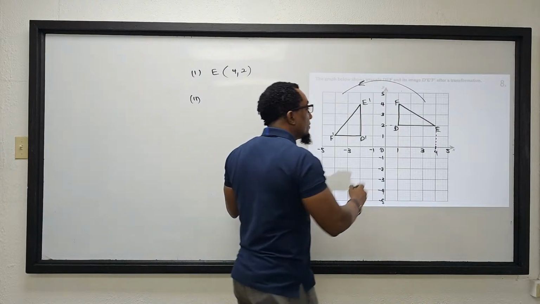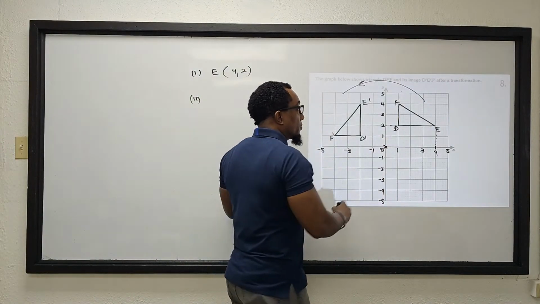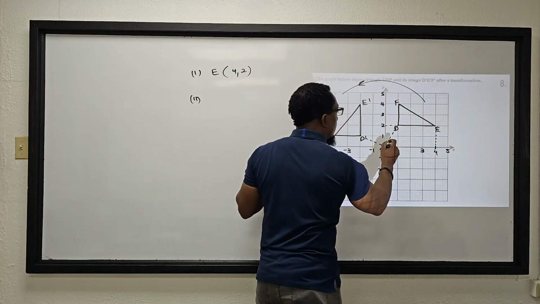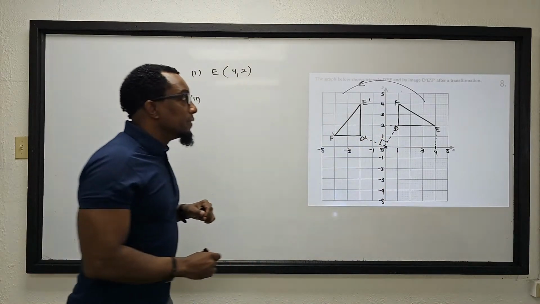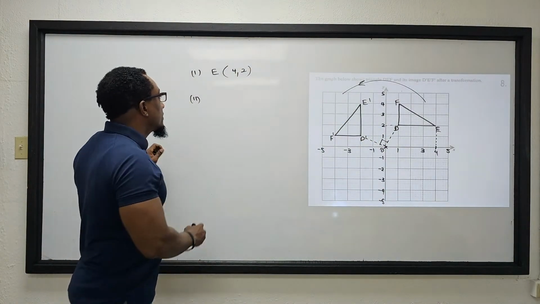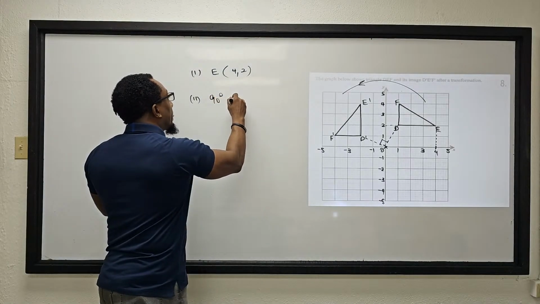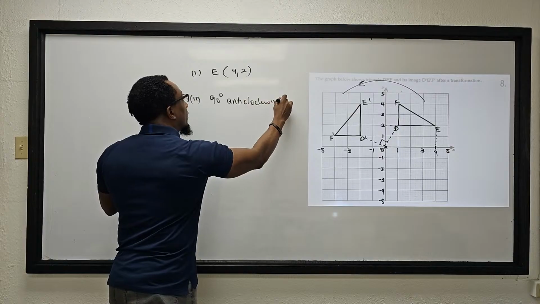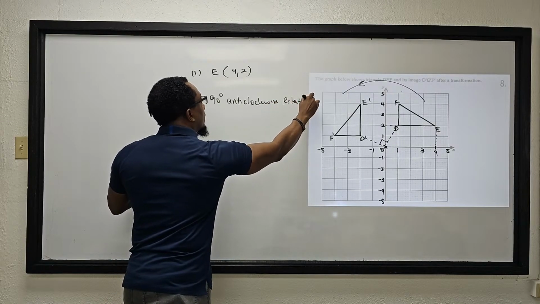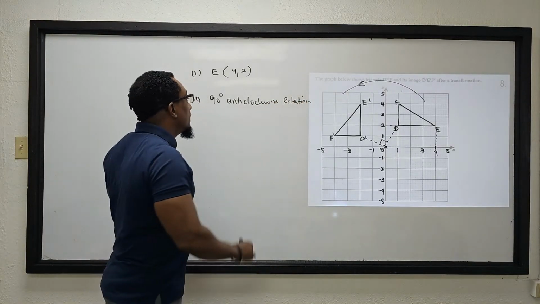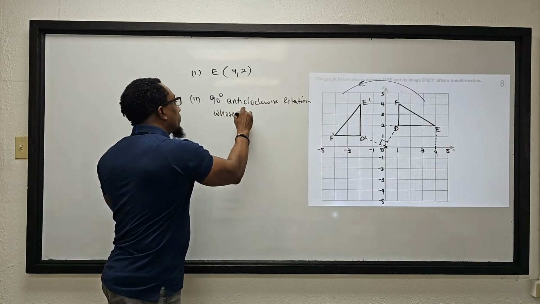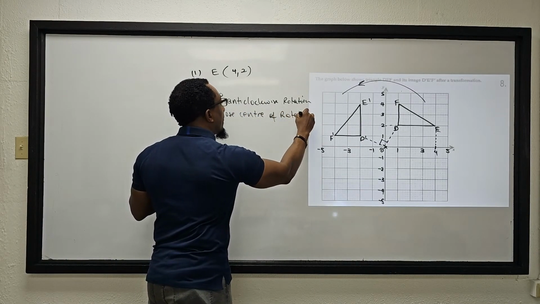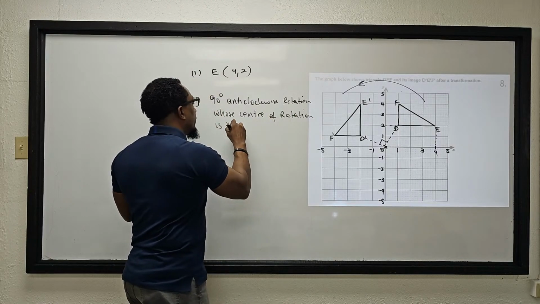Of course, this is my center, that is the origin, and the angle of rotation here is 90 degrees. So it's a 90 degree anti-clockwise rotation whose center of rotation is the origin.